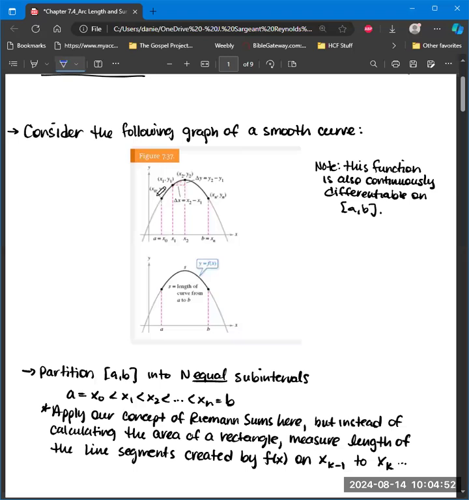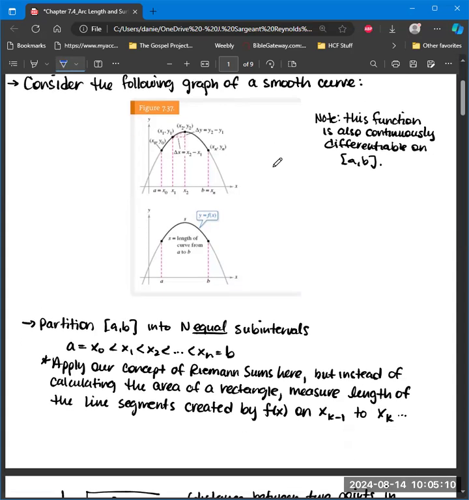So everywhere the function is continuous because the function value equals the limit from the left and the right, but if I have the derivative function, that's also continuous. So this function is also continuously differentiable on a to b. That's basically the general idea of a smooth curve.